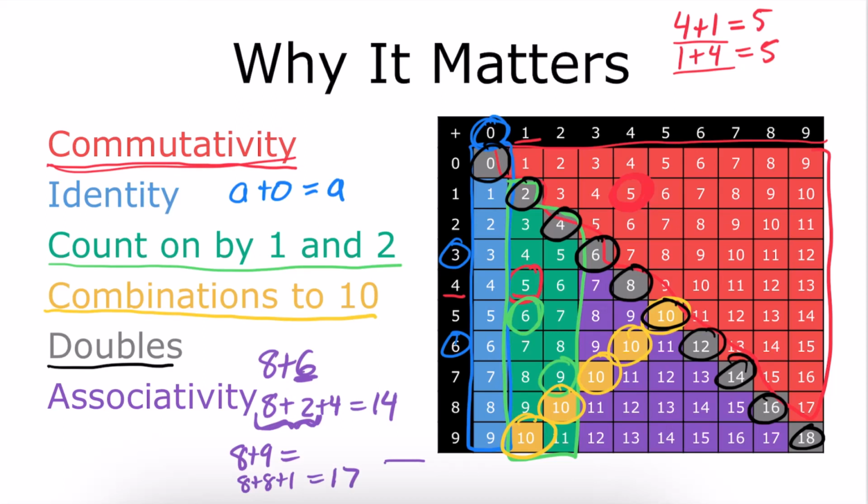Or you could also think about this one as 7 plus 1 plus 9, which also gives you 17 because 1 plus 9 equals 10. So there's lots of different ways you can think about the associative property, but the associative property makes all of the remaining addition facts easier to memorize, assuming that you have your baseline facts of your combinations to 10 and your doubles.